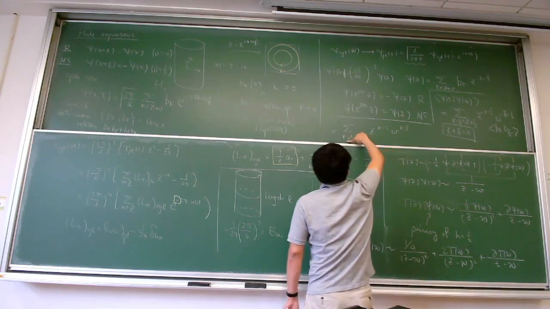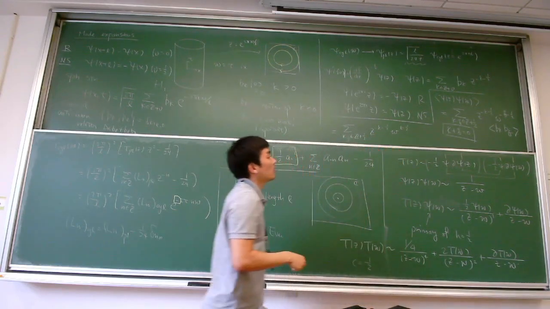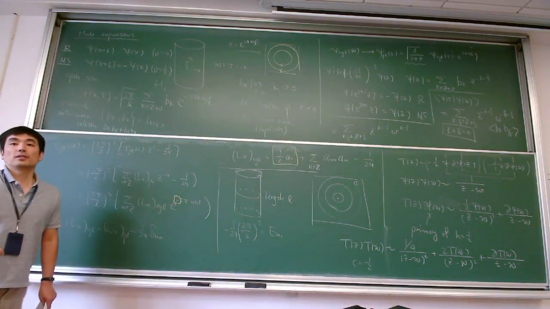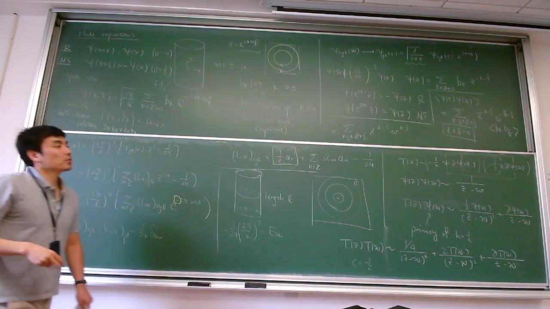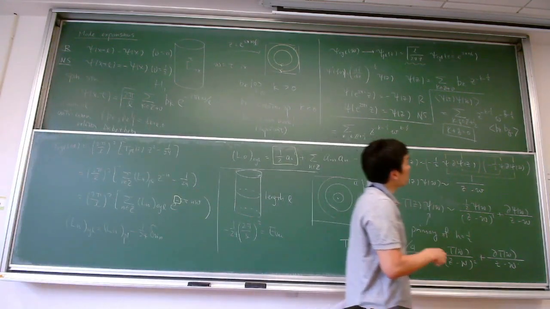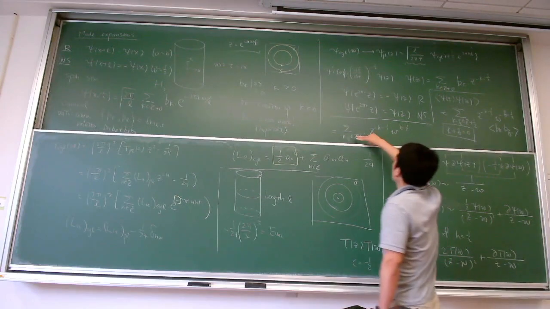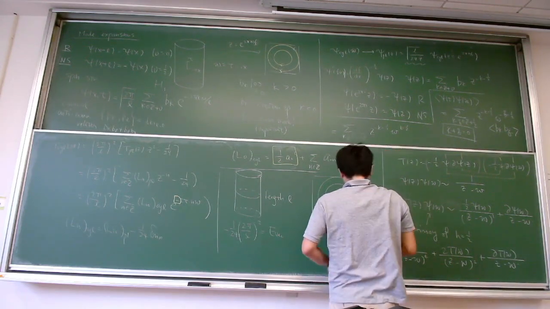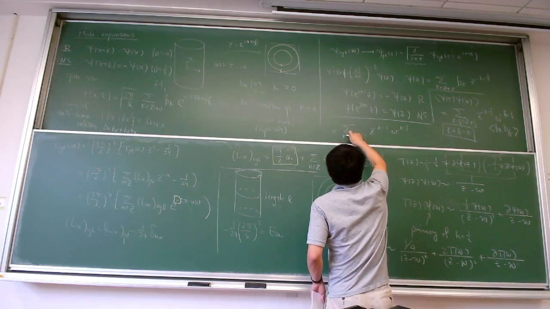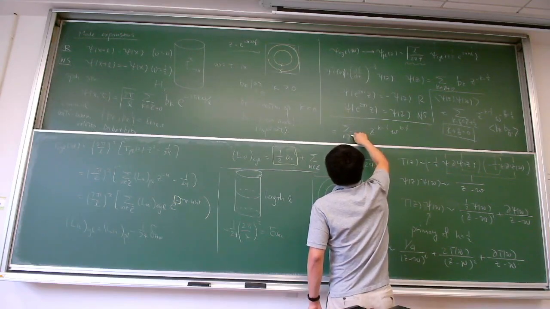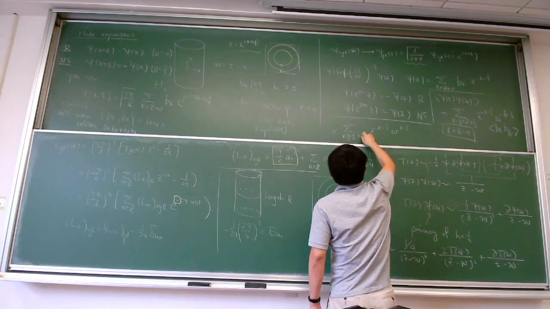So I think I should write it like this. And of course k has to be greater than or equal to 1/2 plus a non-negative integer.